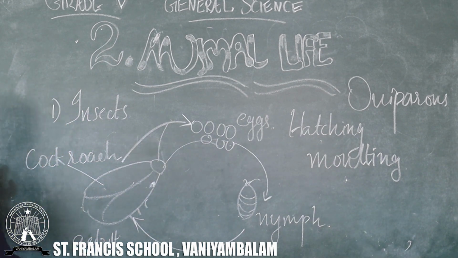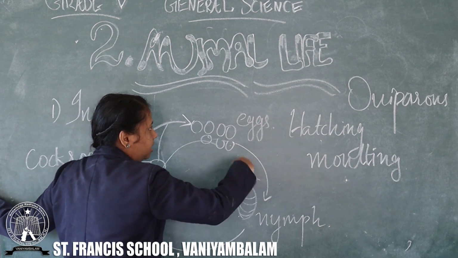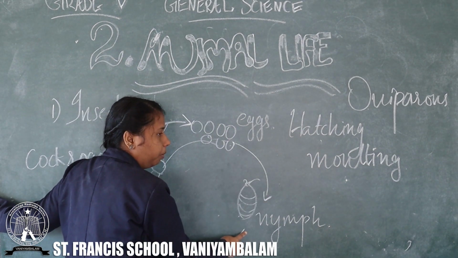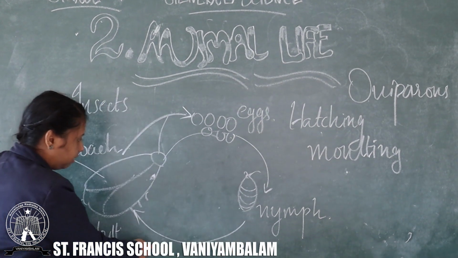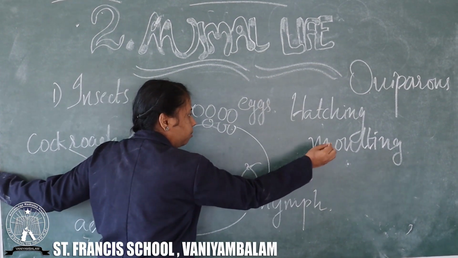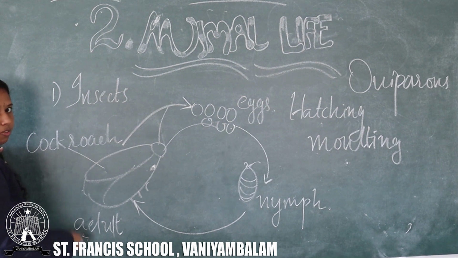This is the adult cockroach. It will lay eggs, and after that the eggs will hatch out and the nymph will form. And the nymph will remove its old skin, and this process is known as molting, and after molting this adult cockroach will form.